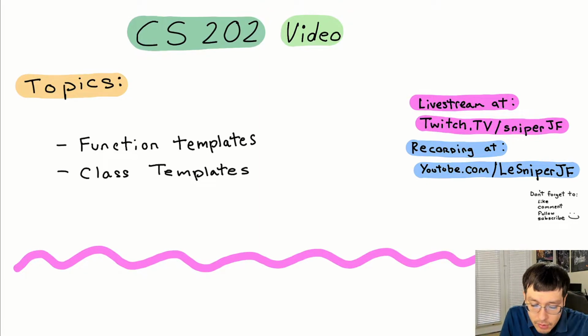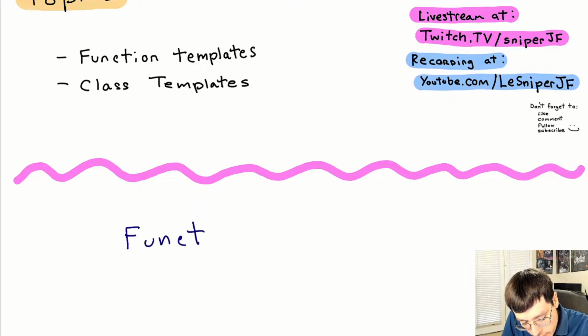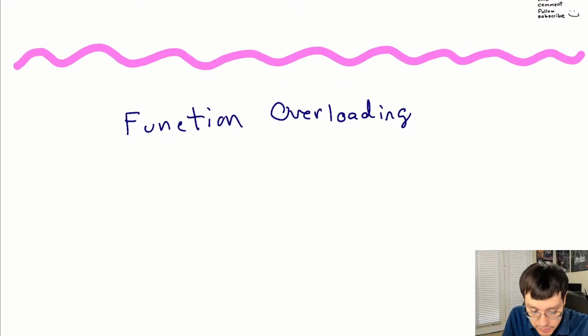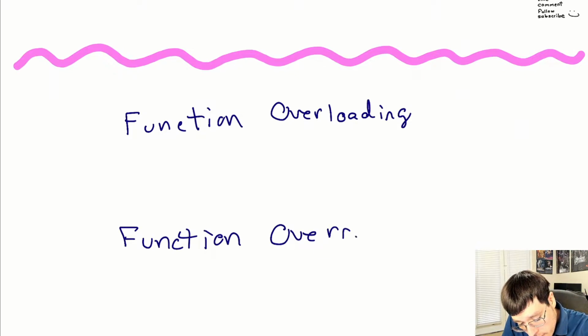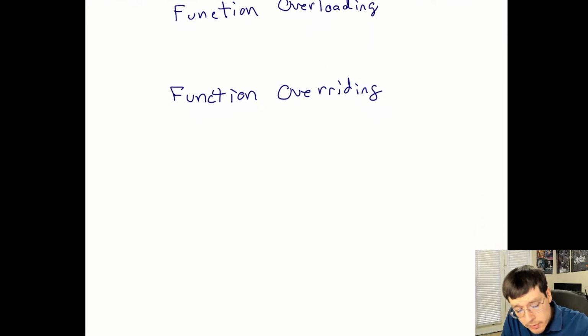The first thing is overloading. On day one of the class, or if you learned this in 135, we talked about function overloading, and I also brought up the concept of function overwriting, which came around when we were talking about inheritance. In case you don't remember, that's okay.